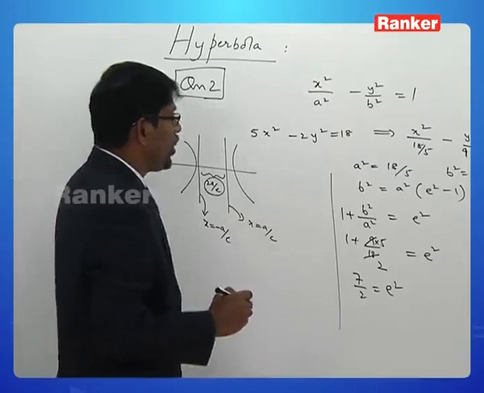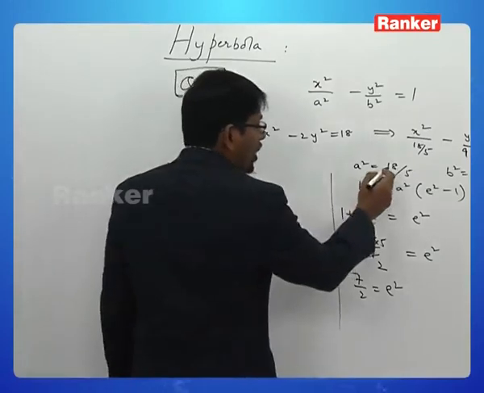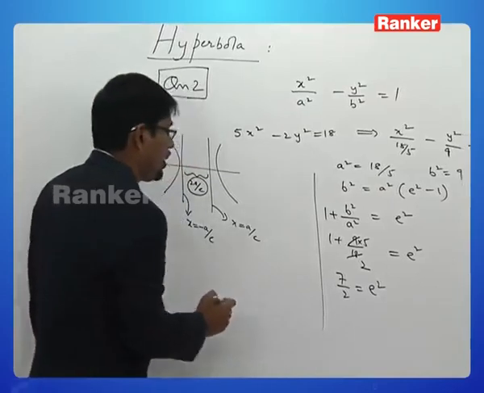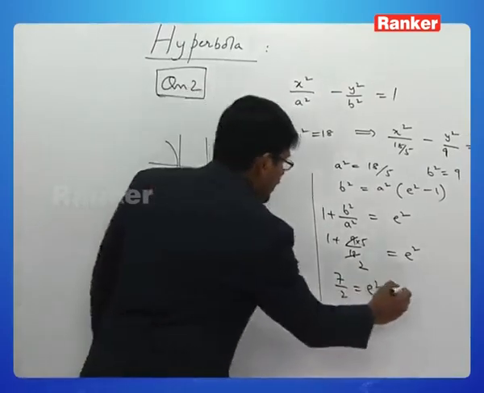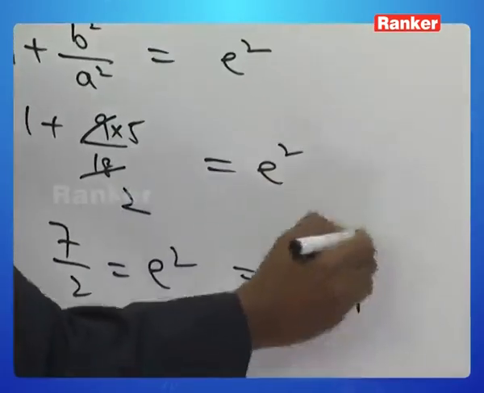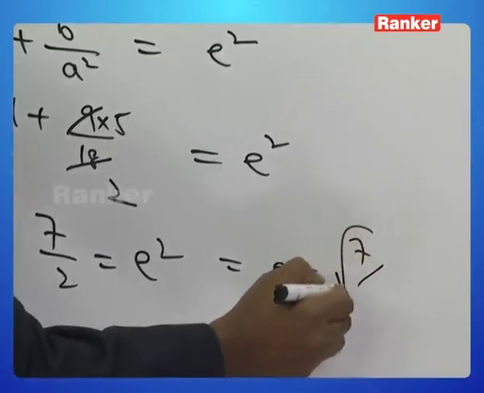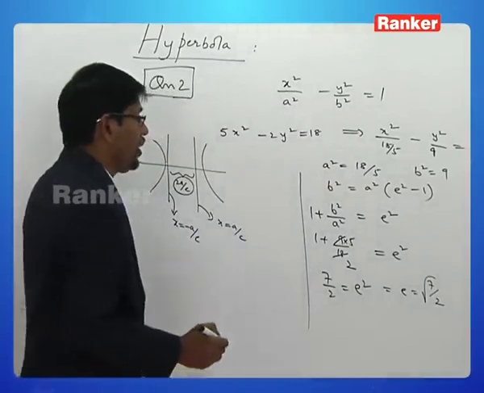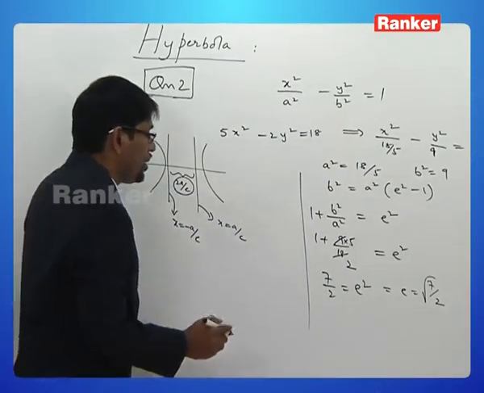Now, what is our a? Under root of 18 by 5. So, let's see. What is our e? E is root 7 by 2. Okay. Now, what is a?